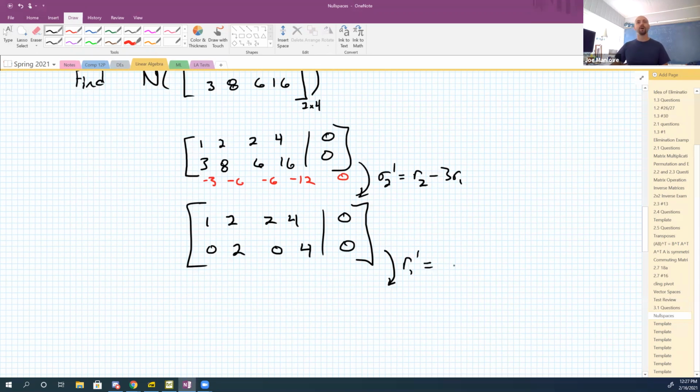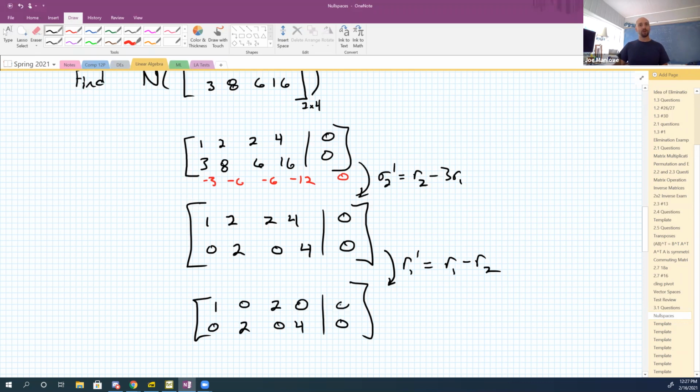So the new row 1 is the old row 1 minus row 2. I'm going to leave my row 2 alone. And in row 1, I'm going to have 1, 0, 2, 0, 0.